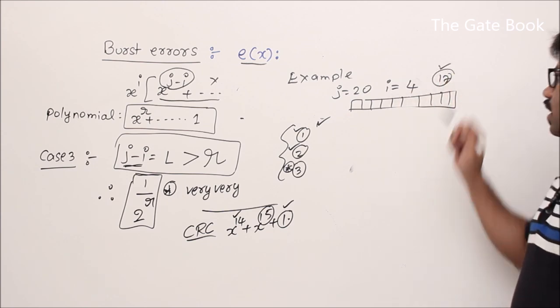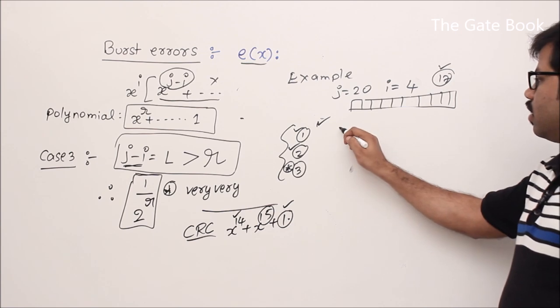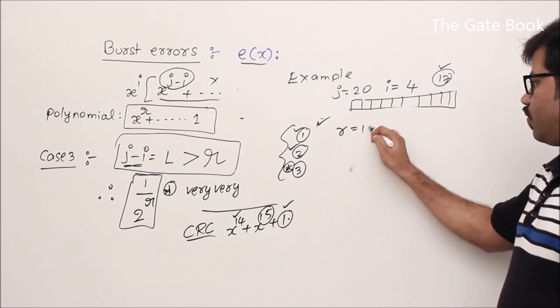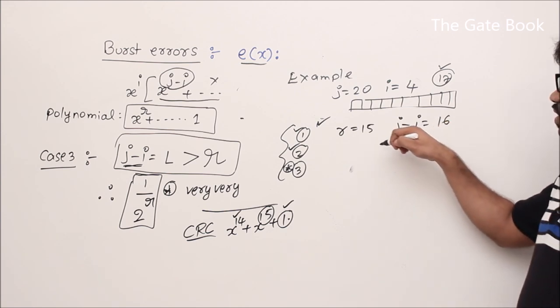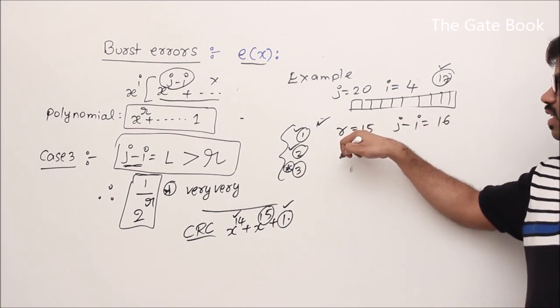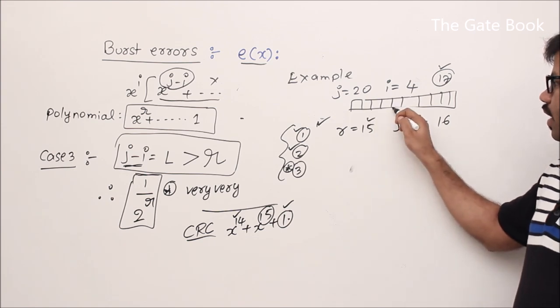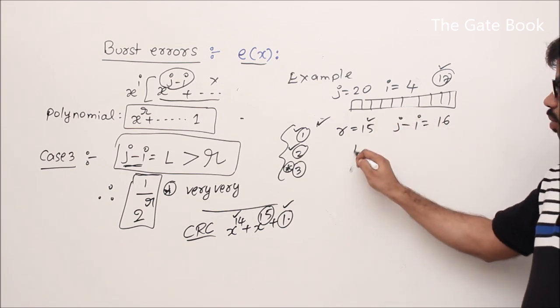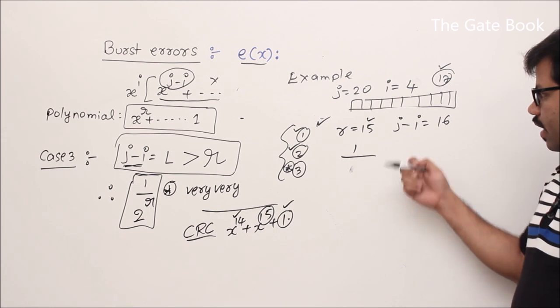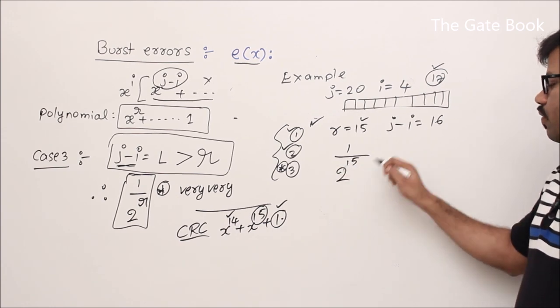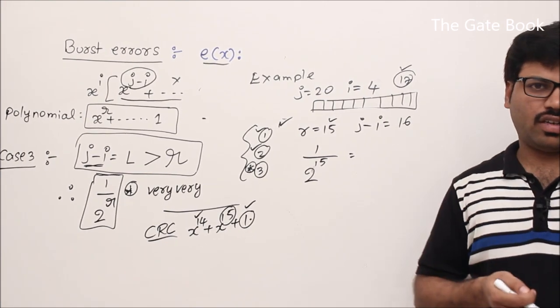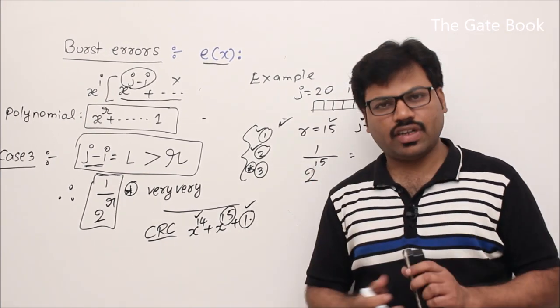Whenever you have a burst length of 17, see the cases now. r is 15, j minus i is 16, correct? Now j minus i is greater than r, so case number 3, and definitely we can't detect some cases, but the probability of that case occurring is 1 by 2 power 15, where r is 15. Again very rare. Understand? That's why don't worry about that kind of errors.